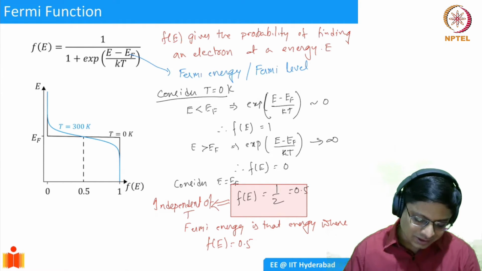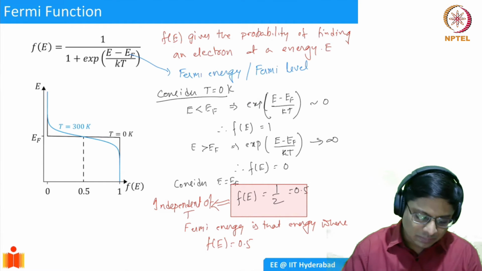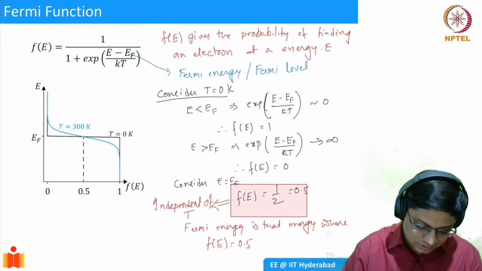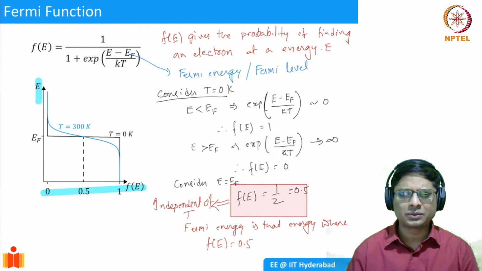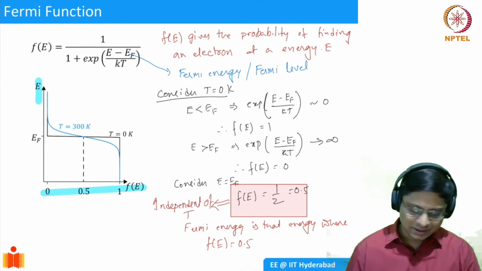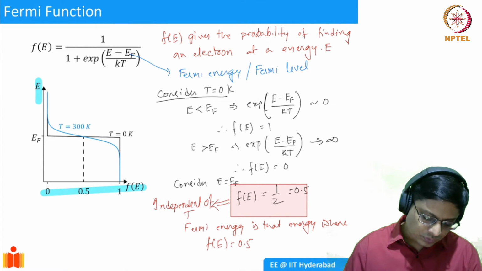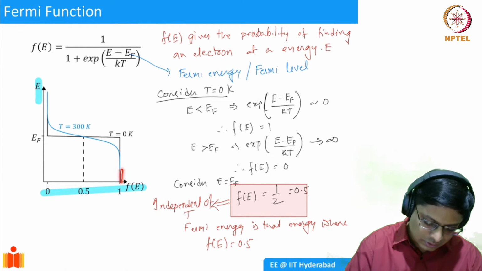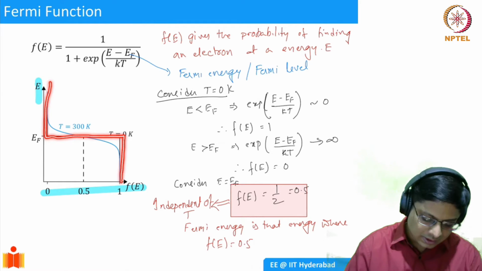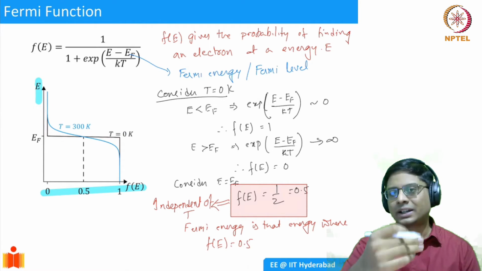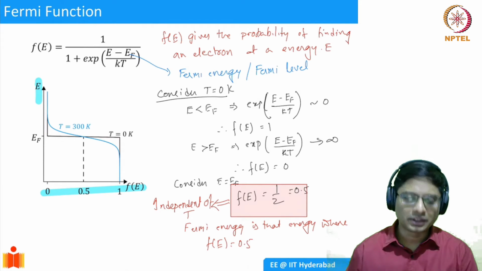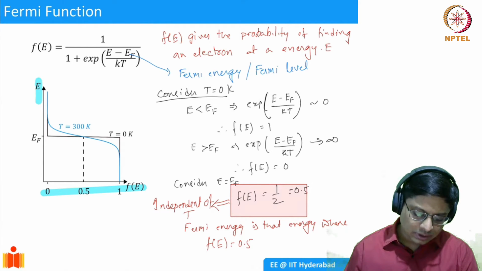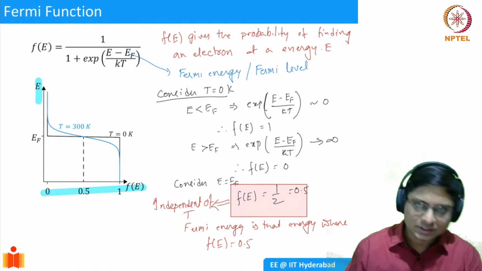Here I have deliberately flipped the axis. So I'm plotting f of E along the x-axis and energy along the y-axis. There is a reason why we do that. What you see is at T equal to 0, you have this step-like behavior. At higher energies there is no probability. At E below EF, it's going to be a probability of 1, very high probability. Now, as temperature increases, the probability gets stretched.